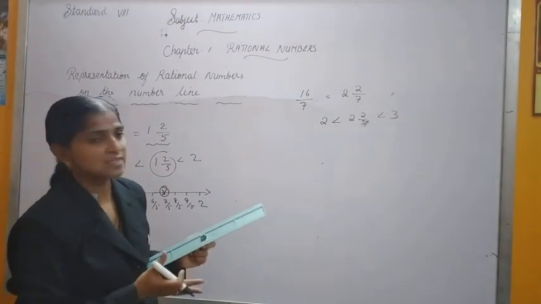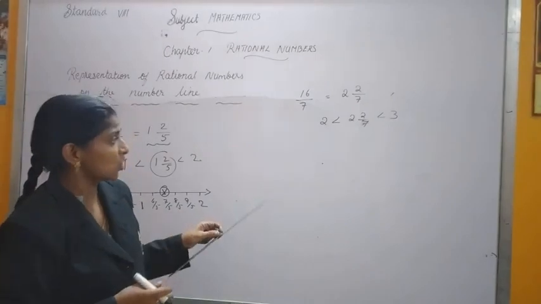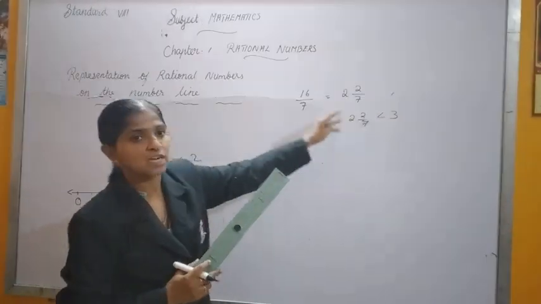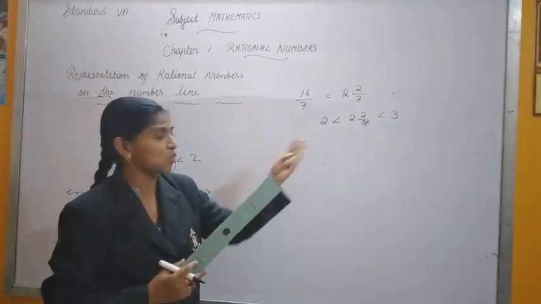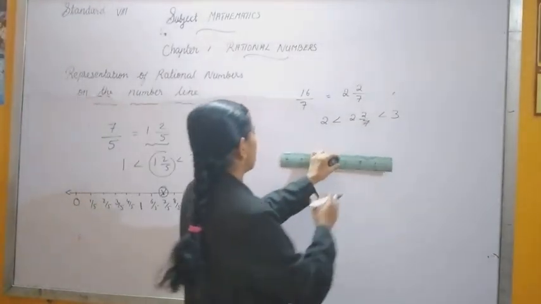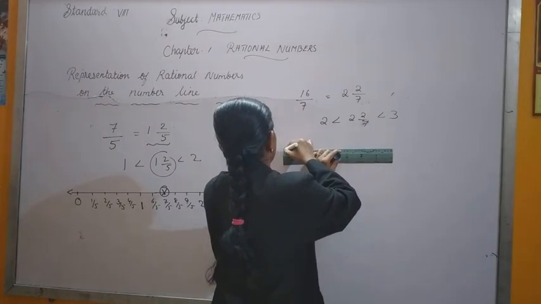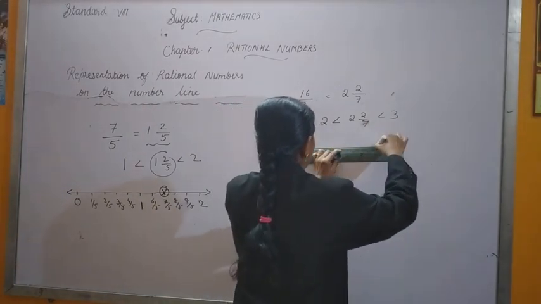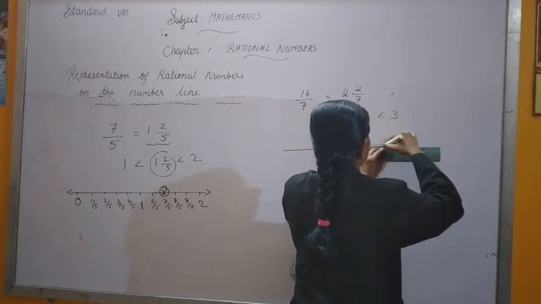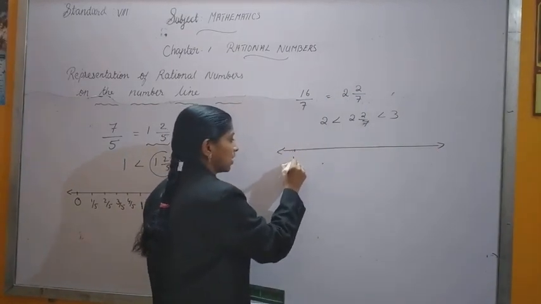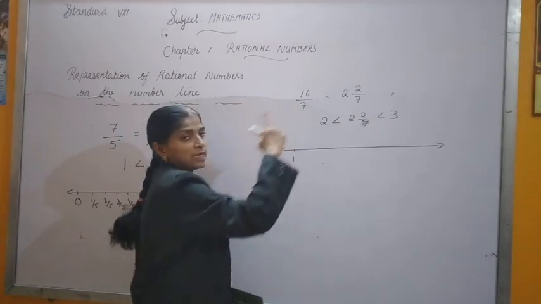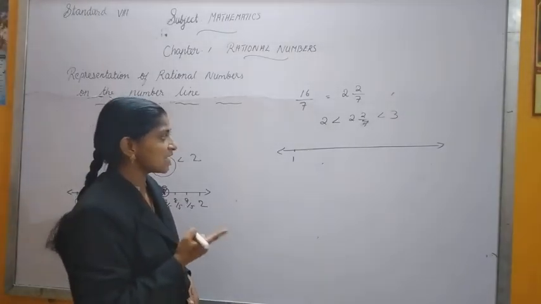Then when we represent this rational number on the number line, if you find difficulty starting from 0 up to 16, then you can start from 1 or from 2 also. This I will show you. So here we draw a number line like this, and here we can mark 1, and this unit length we should divide into 7 equal parts.